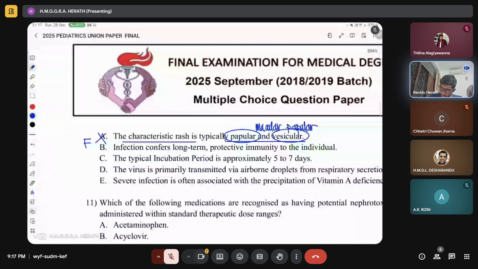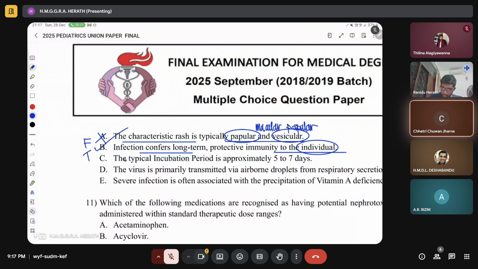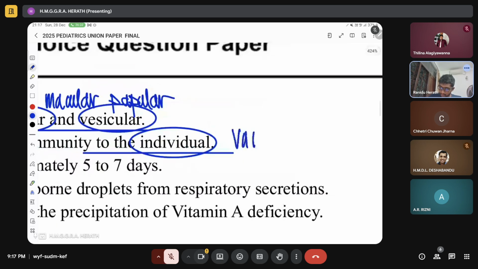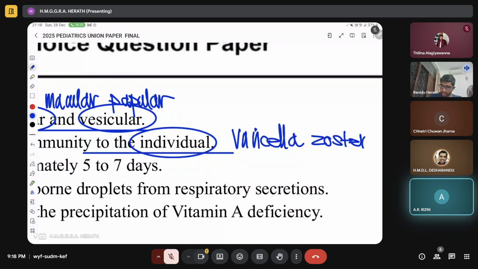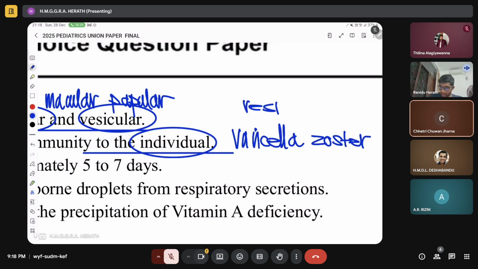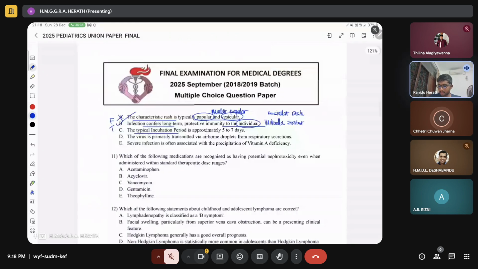Infection confers long-term protective immunity to the individual. True or false? True. Unless the patient gets into an immunocompromised state, this immunity is usually long-lasting, right? What about varicella zoster virus infection? That is a vesicular rash, but what about immunity?